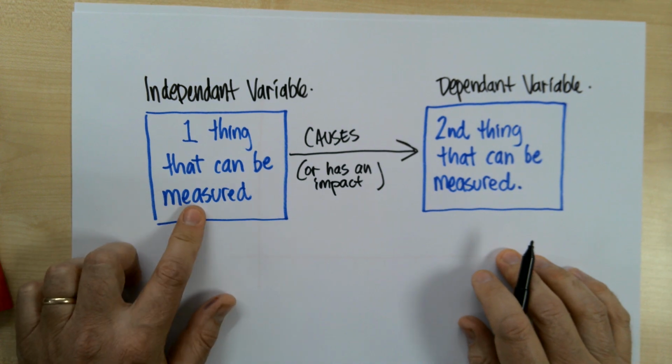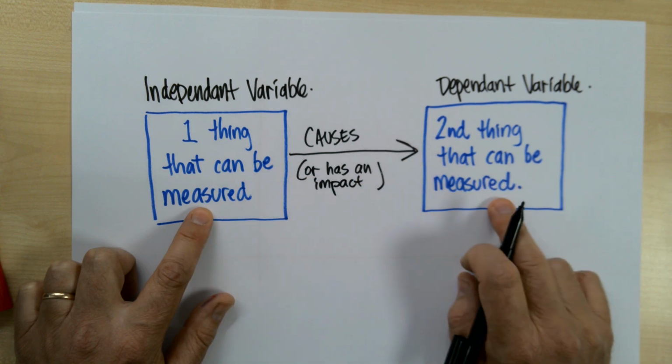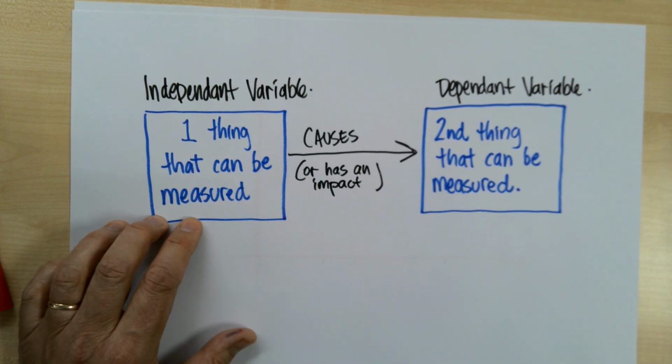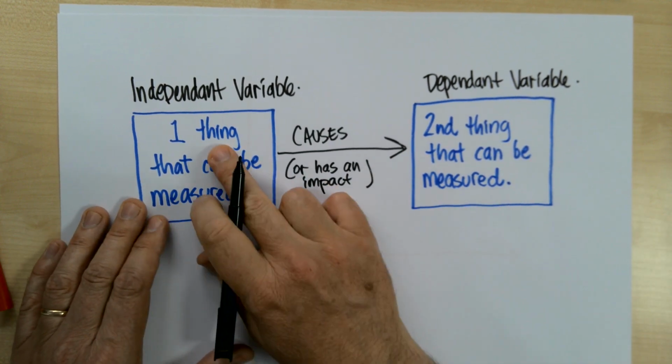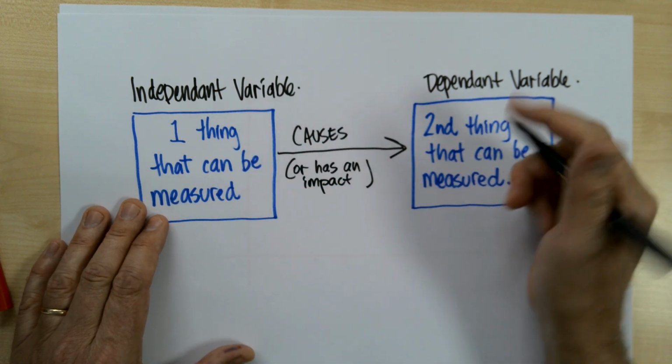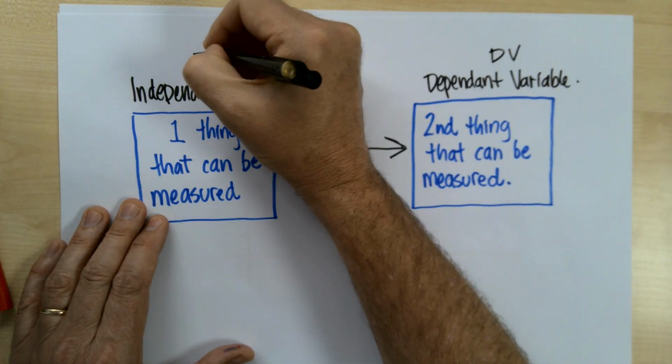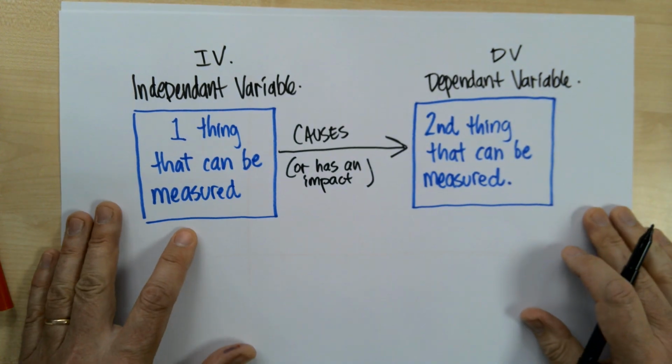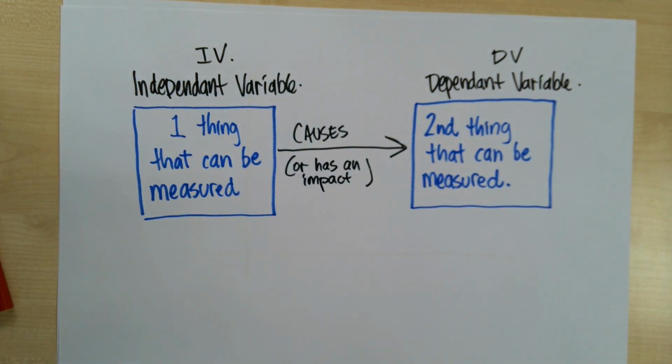This one stands alone. It happens and then it causes this change over here. Just for the sake of simplicity, I'm not going to write independent variable and dependent variable. I'm going to go DV and IV. That's going to make life a lot easier because they're big words.